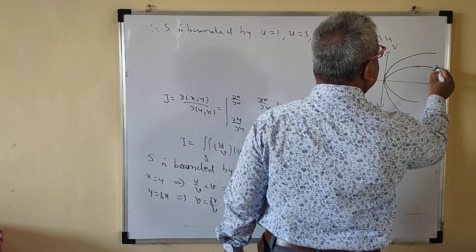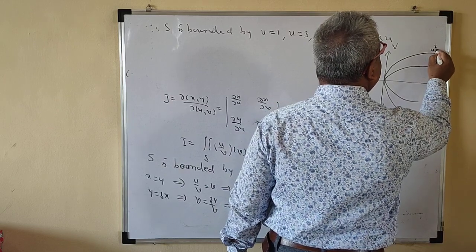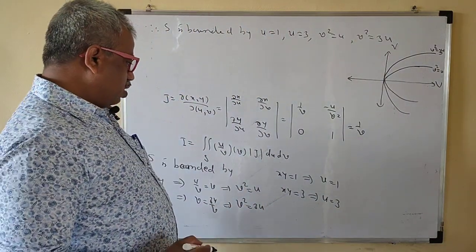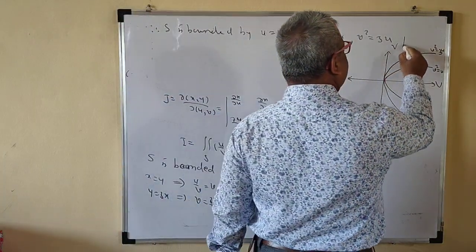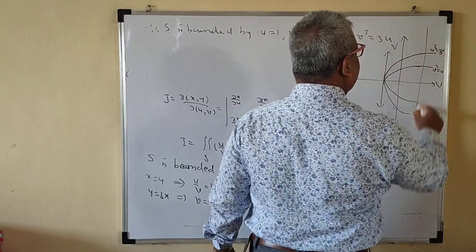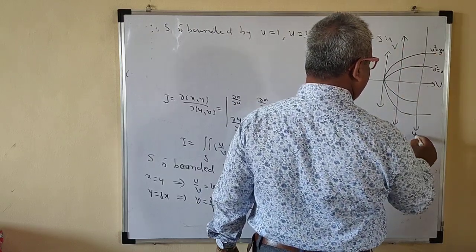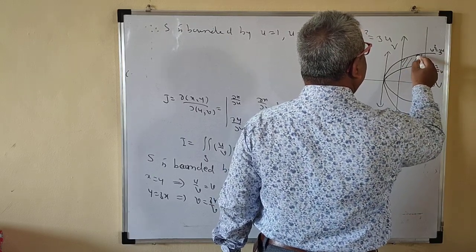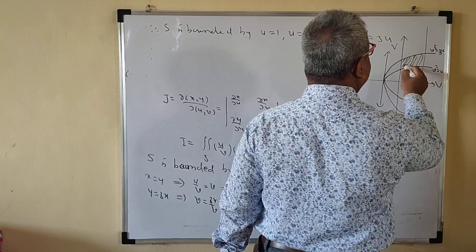Then u is equal to 1, this line is u is equal to 1, and this line is u is equal to 3. That means this is the region of integration.